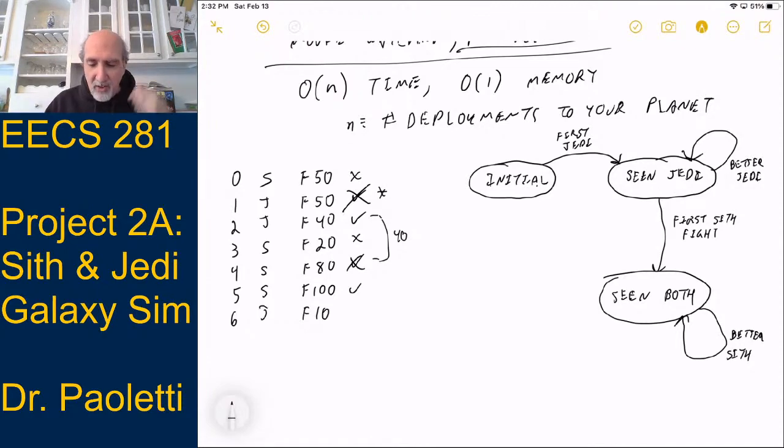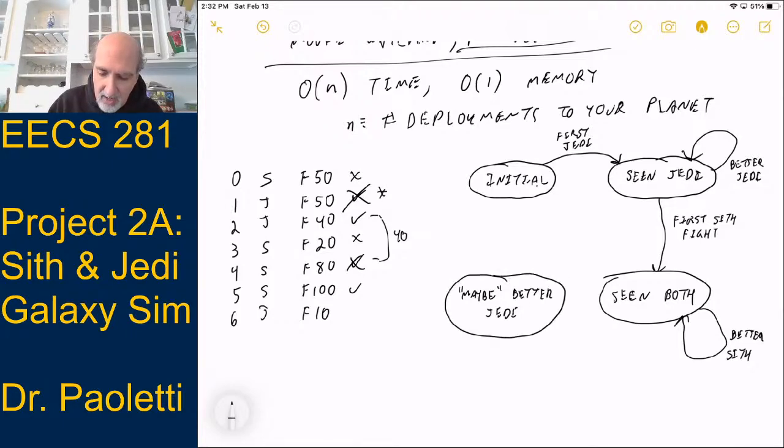So I can't replace my best Jedi, but this could potentially be a more interesting fight. So I've got to remember it. I need a new state. I'm going to have to transition to a state where I've got a maybe better Jedi. So I've got this new state. I transition over here because I saw a better Jedi.